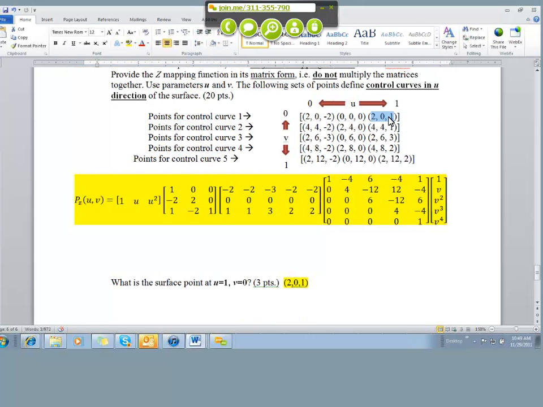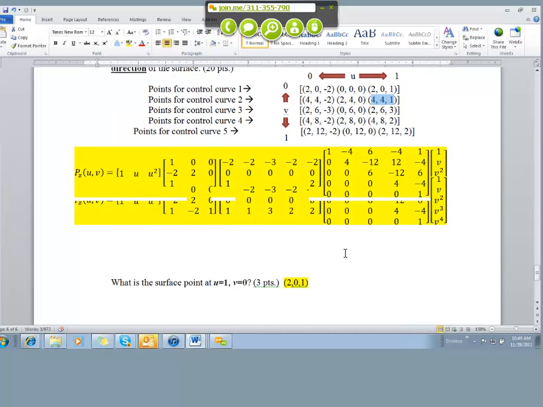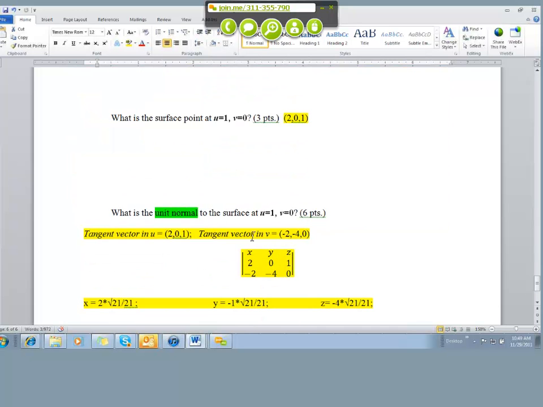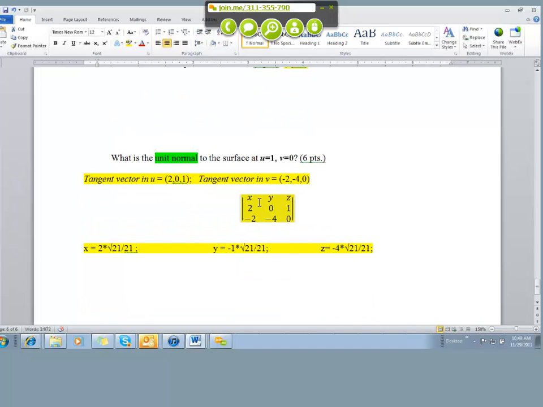What you would do is you would take this point minus this point to get a curve, to get a tangent vector in the U direction. You would go this point to this point to get a curve, to get a tangent in the V direction. And so that's what I've done here. You would then set them up and do the cross product of that.